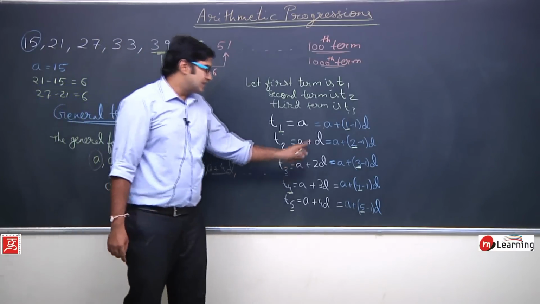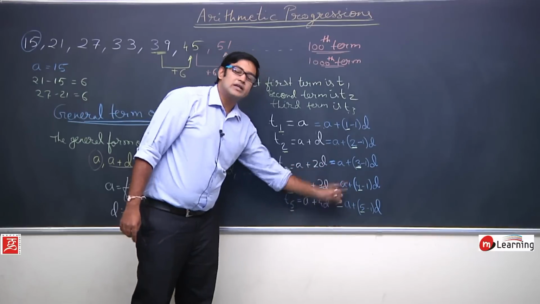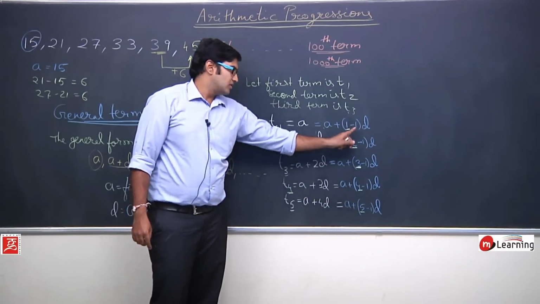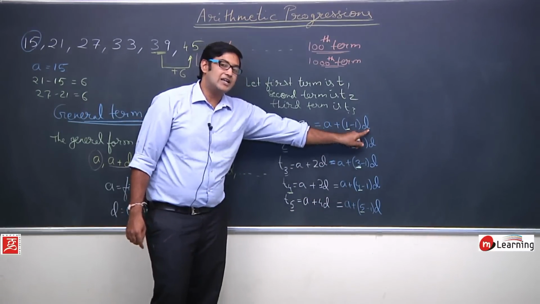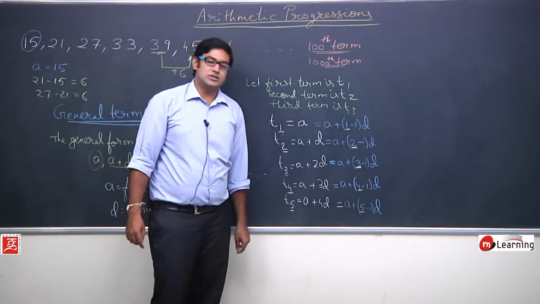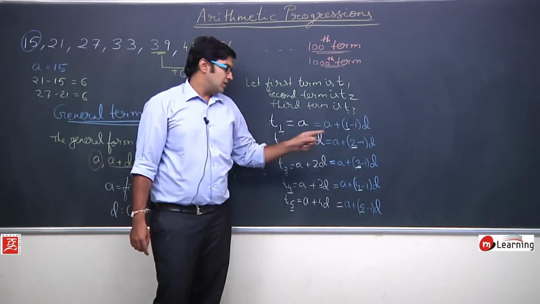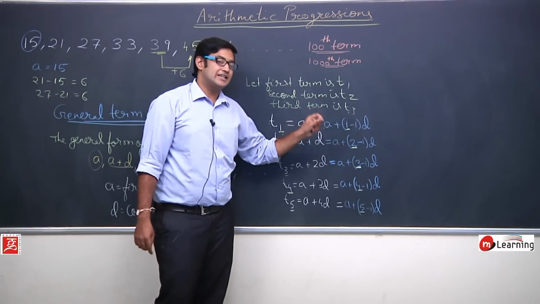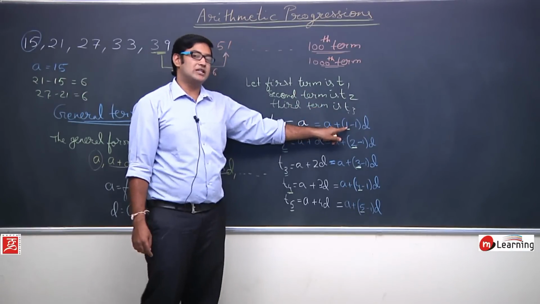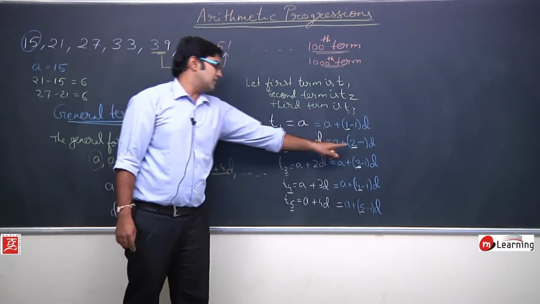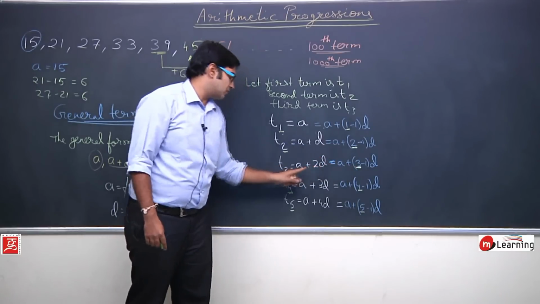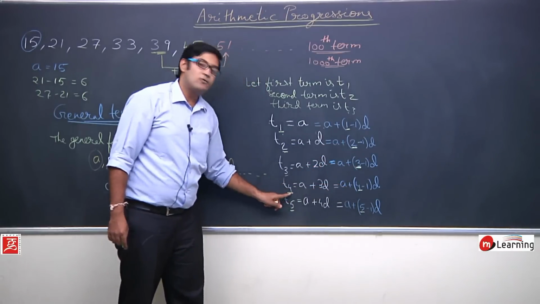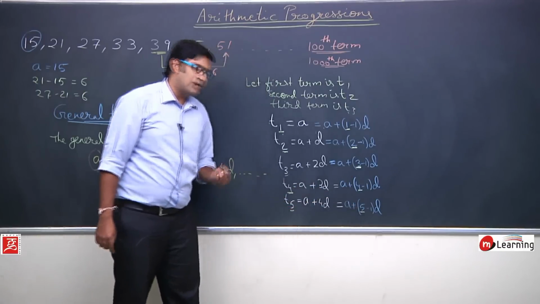You can see that a is common in all the terms, this minus 1 and d are common in all the terms. The only variable which is changing is this one. It is 1 for the first term, 2 for the second term, 3 for the third term, 4 for the fourth term, 5 for the fifth term.